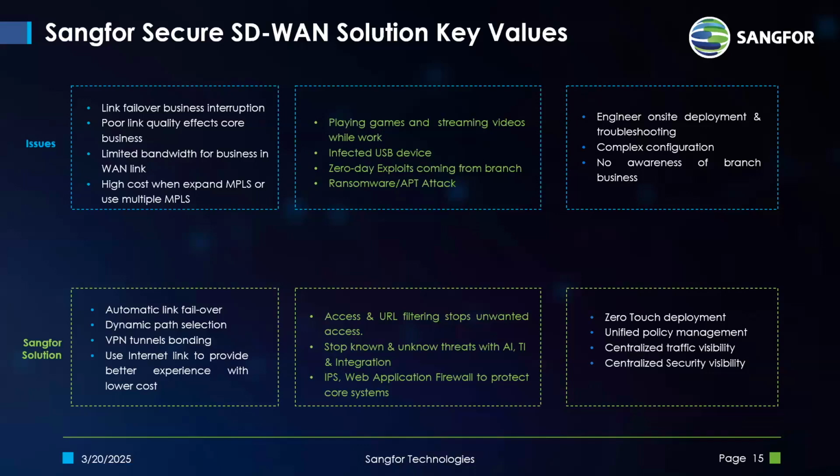Intelligent network routing enhances application performance while maintaining end-to-end encryption and secure local internet breakout. The WAN optimization reduces latency, ensuring secure and efficient data sharing across locations.